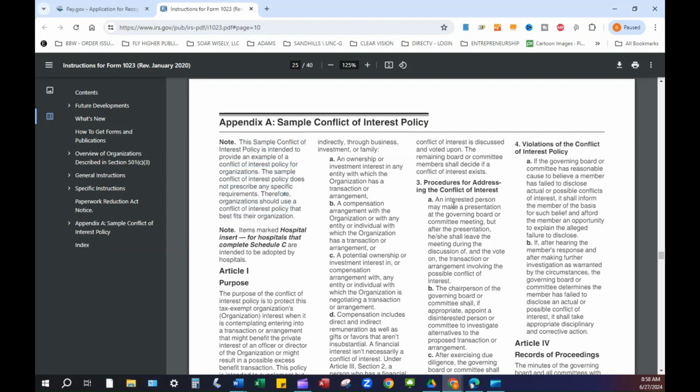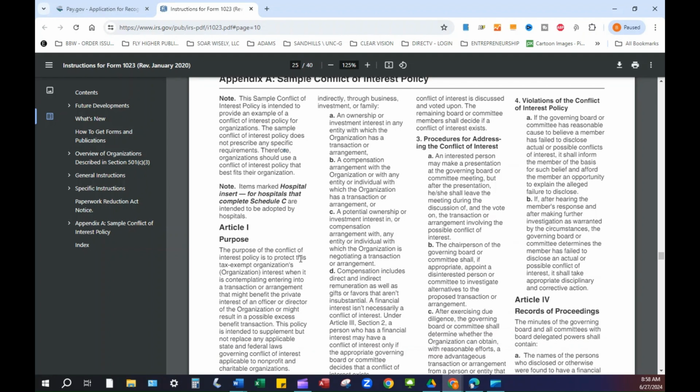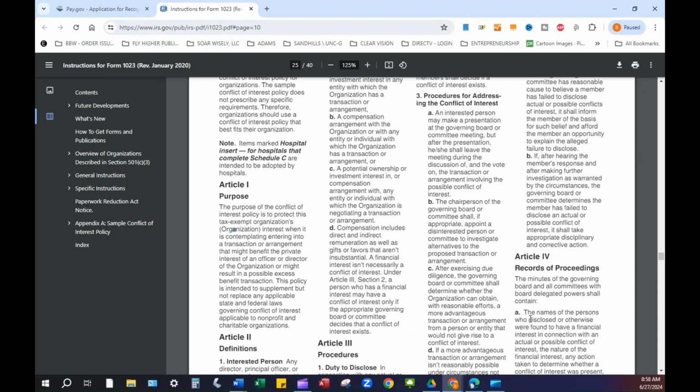If you want to add something to this, then definitely do that. But I would use this sample word for word, and then add to this if you want to, maybe different articles or what have you.